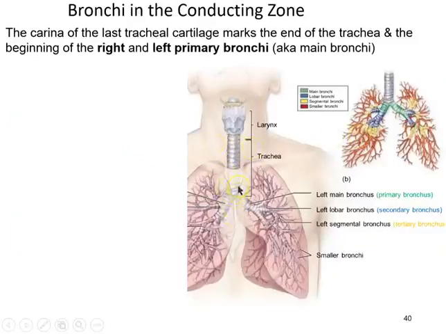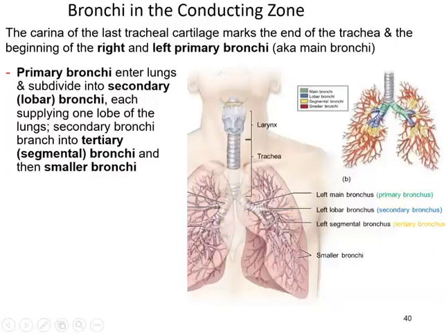The carina is the last thing before the bronchi, and what we'll see is that we can describe different parts of the bronchi based on how branched they are and where they are. So the primary bronchi are these two things. These are the main ones that go into the lungs, and then very soon after they go into the lungs, they split, and a different branch goes to each lobe of the lungs, and so those are lobar or secondary bronchi.